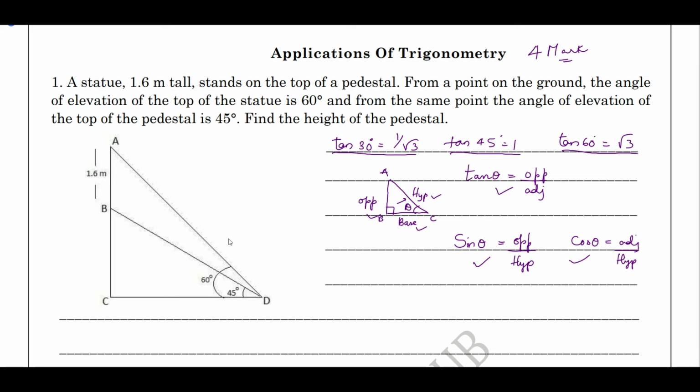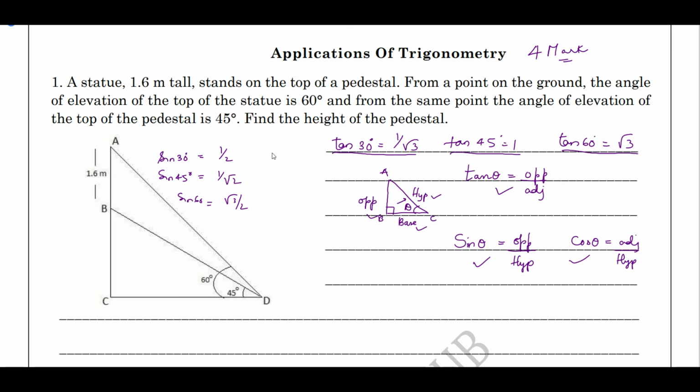Now in the same way, sin 30, sin 45 and sin 60. Sin 30 is 1 by 2, sin 45 is 1 by root 2, sin 60 is root 3 by 2.